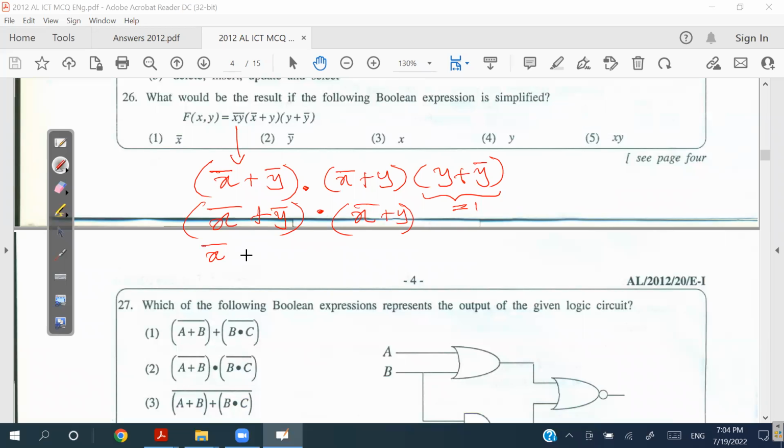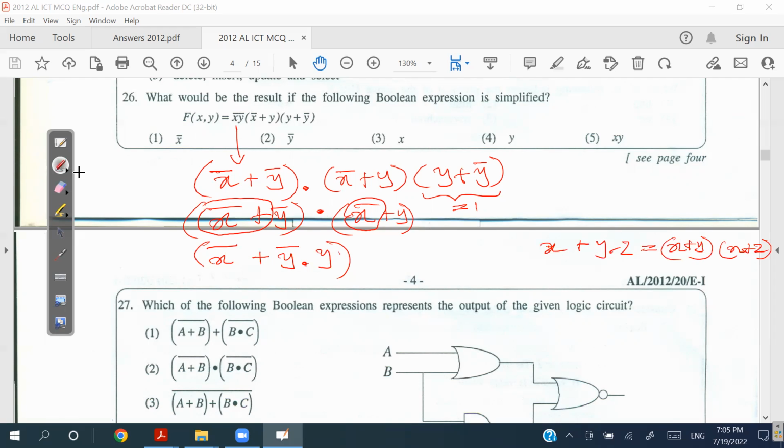Now you can apply the redundancy law. Not the redundancy law, you can straight away go for the distributive law, the reverse of the distributive law. Here you have x bar plus, and here it also has x bar plus. So I can have x bar plus y bar dot y. There is a rule, the second rule of the distributive law: x plus y dot z can be written as x plus y and x plus z.